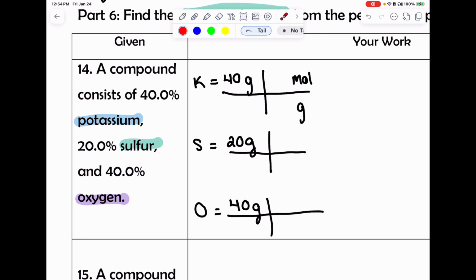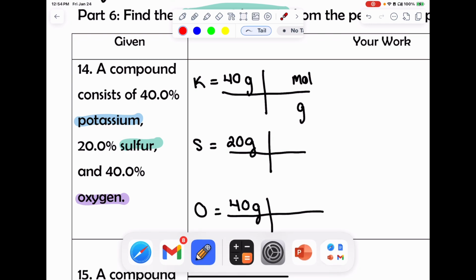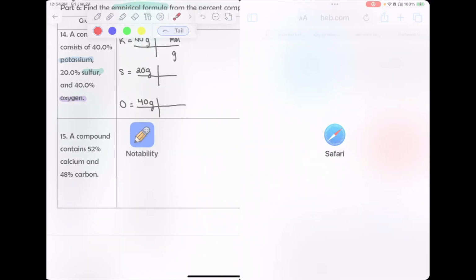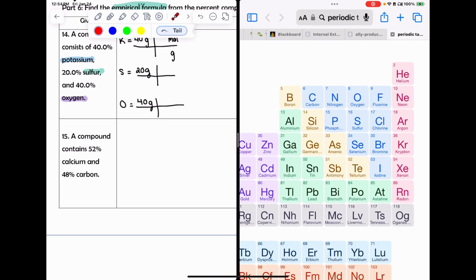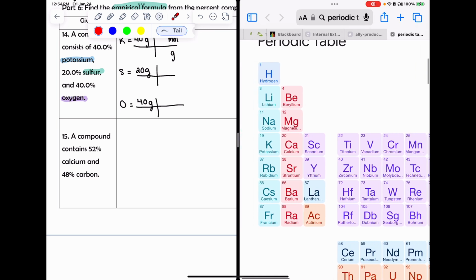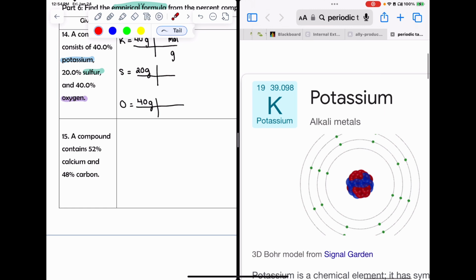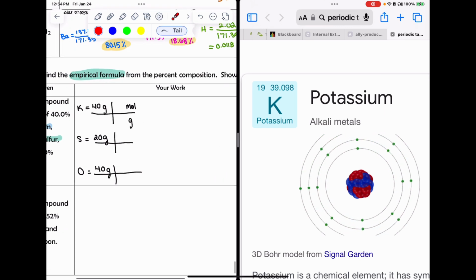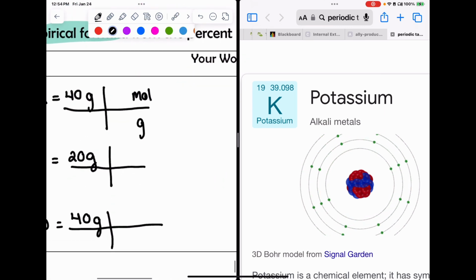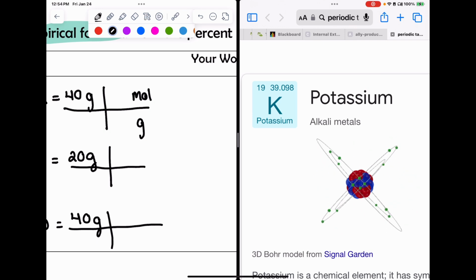So in order to find grams to moles, I have to look at the periodic table for the weight. So for potassium K has a weight of 39.098 grams for every 1 mole.